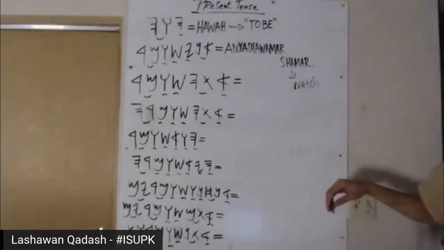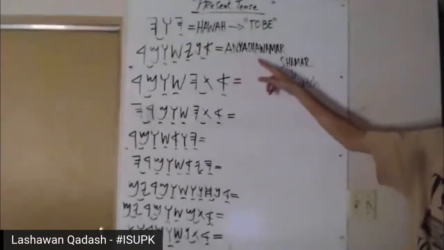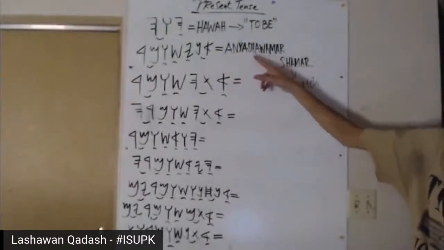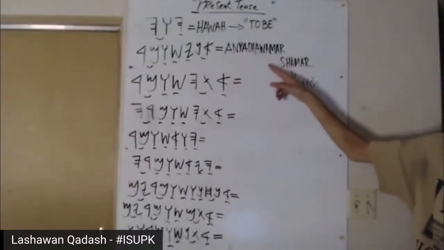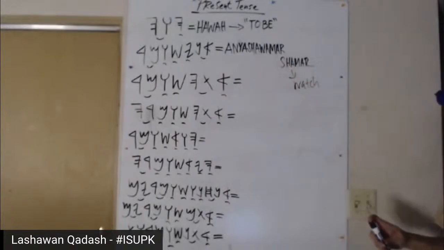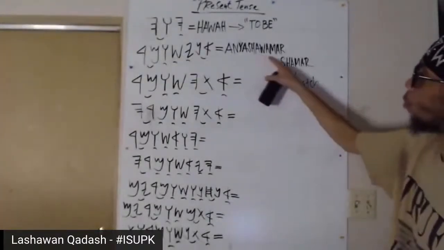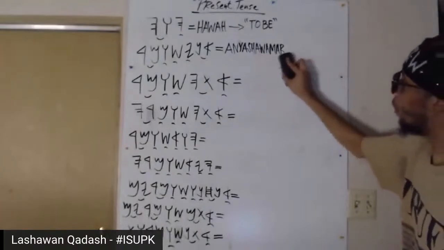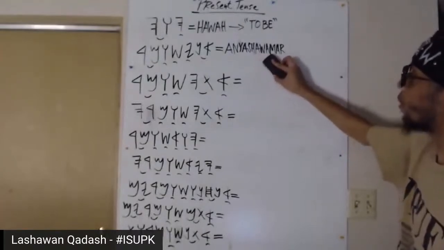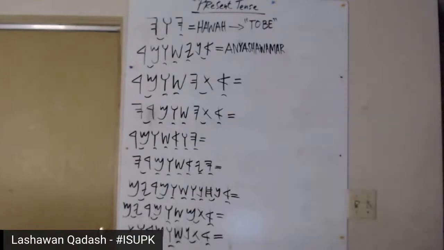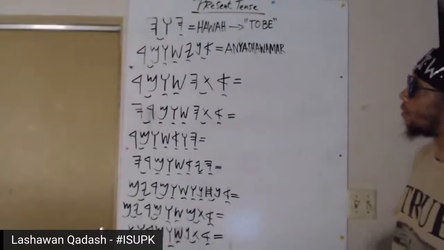So anya is "I," and shawamar is an action word, which means watch. Watch is an action, but when you put the wa or something else in it, it changes the formality of the word, because some words you can make into a verb or a noun and things of that sort.